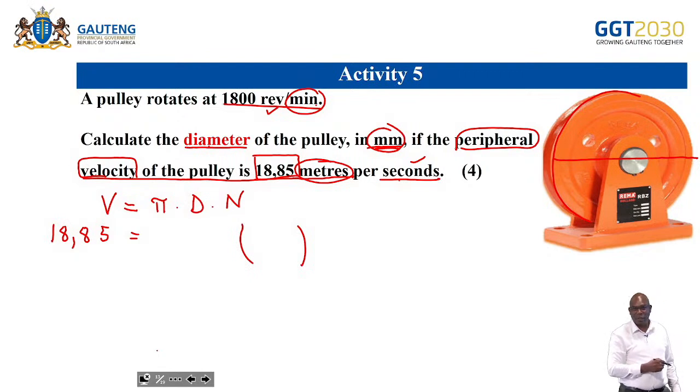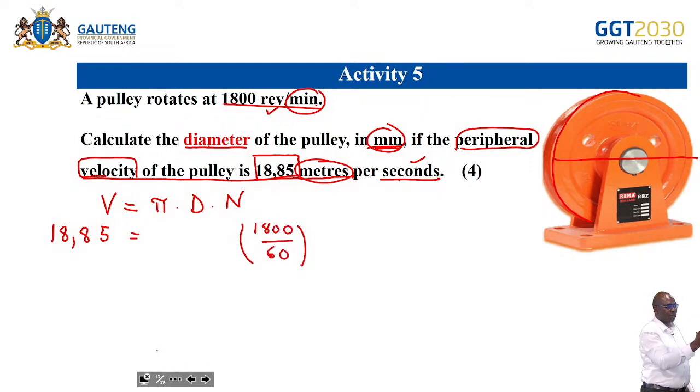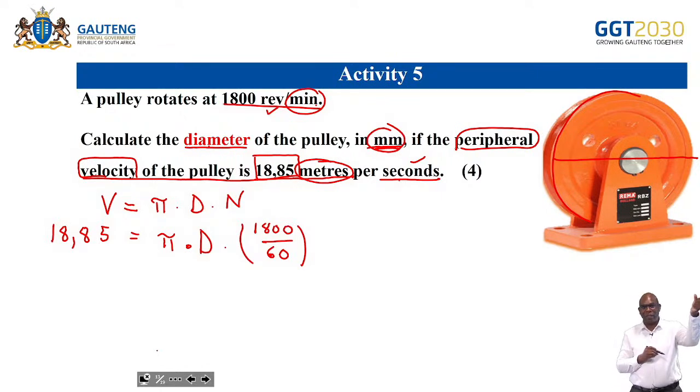So I cannot write them in minutes. So how do I write them in seconds? It will be 1,800 divided by 60, multiplied by the diameter, which we don't know, and then multiplied by pi. Remember, now we're looking for the diameter, but the diameter must be in millimeters, not meters.